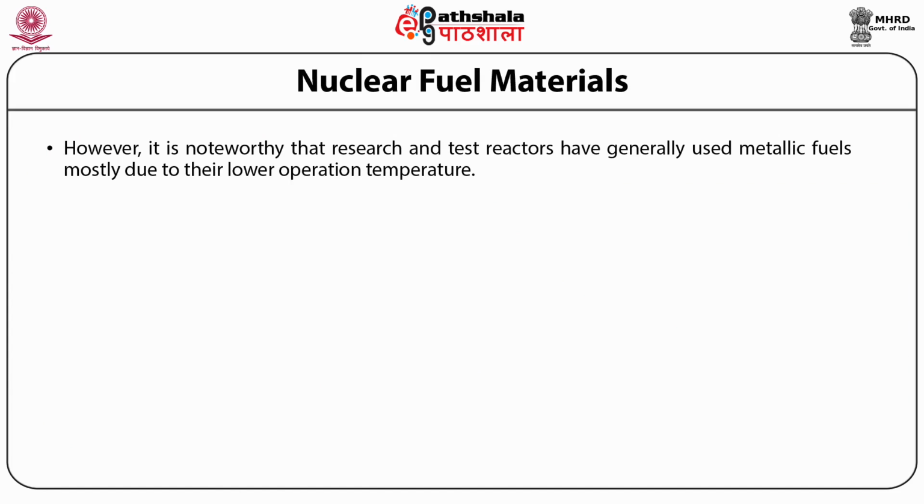However, it is noteworthy that research and test reactors have generally used metallic fuels, mostly due to their low operation temperature. Here we will discuss three major metallic nuclear fuel materials, that is uranium, plutonium and thorium.